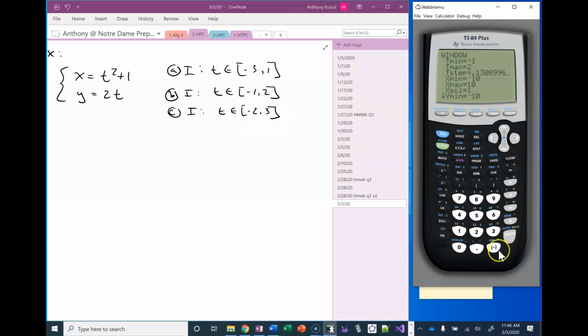So we'll go back and change and take a look at what the graph looks like this time. Okay. Is everybody okay there? Just kind of playing around with how to use our calculator to graph something in parametric mode. Let's look at a second example.